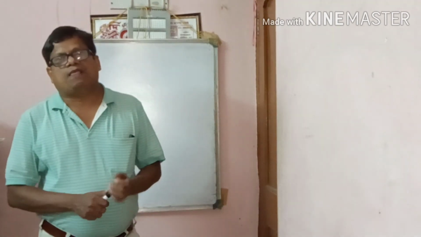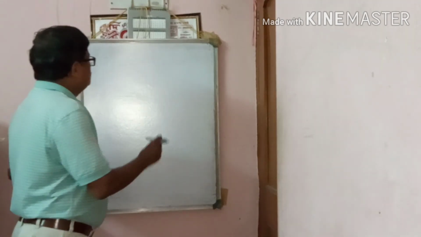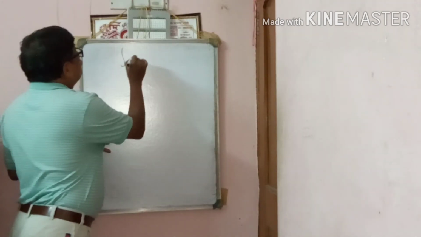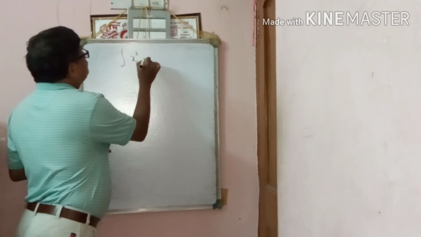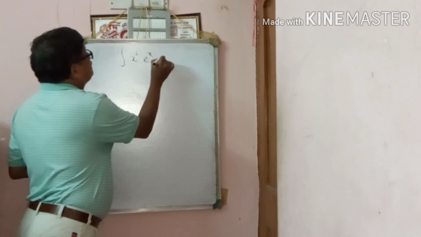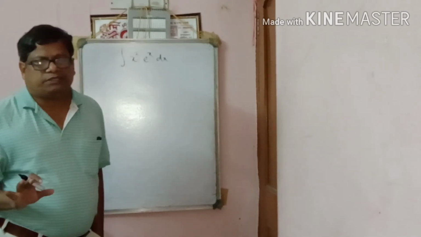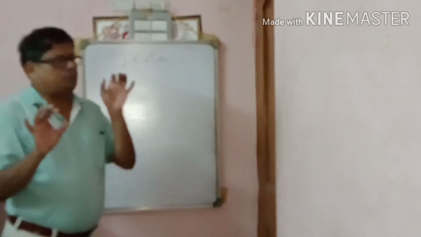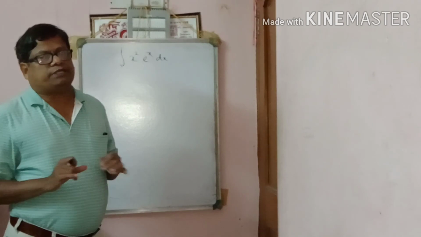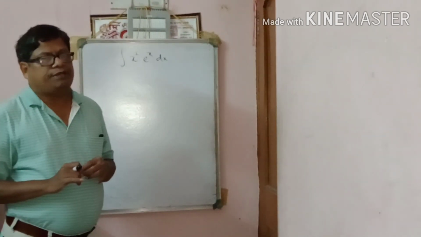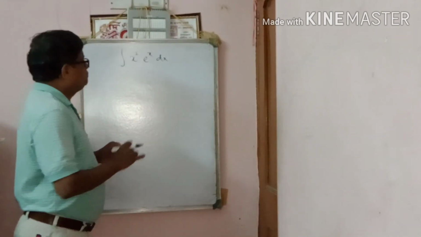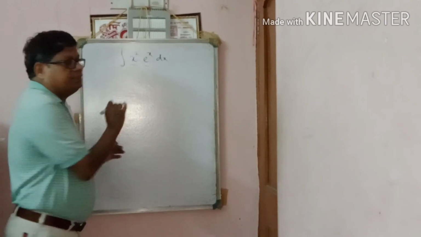Okay. See, suppose I am writing one integration: integration x square e to the power x dx. All of you know how to solve this. I am just showing it, and after that I will show the shortcut method. The first part is the second function.